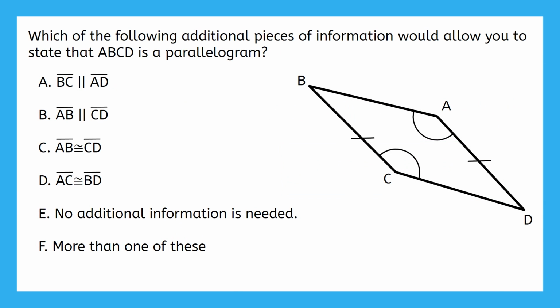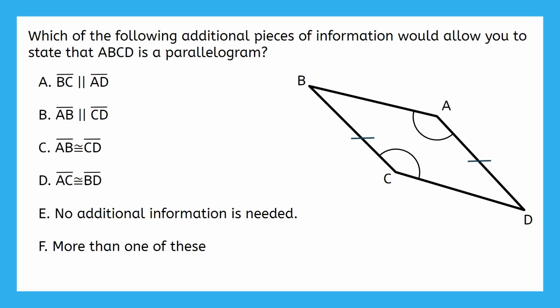This question is a bit different. Which of the following additional pieces of information would allow you to state that ABCD is a parallelogram? We have 6 answer choices, 4 options for additional information, 1 that says we don't need additional information, and 1 for if more than 1 answer is correct. What information have I already been given?